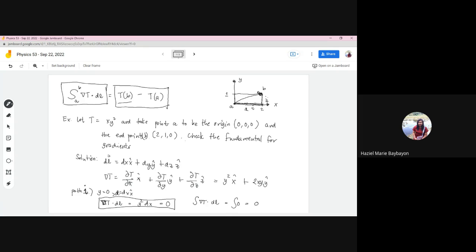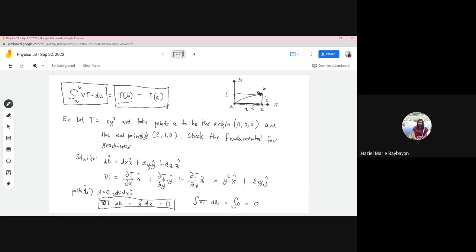Differentiating this with respect to x, the derivative of xy squared with respect to x is just y squared, so you have y squared x hat.